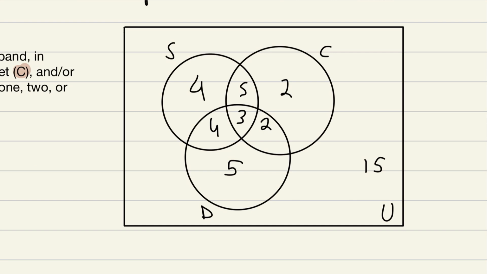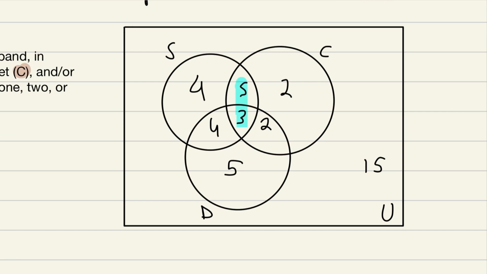And then we need to find, given that a student plays the saxophone, so now our sample size is reduced to the people that play the saxophone, which is 8 plus 8, 16. We need to find the probability that he also plays the clarinet. So out of 16, 8 of them are also playing the clarinet, right?